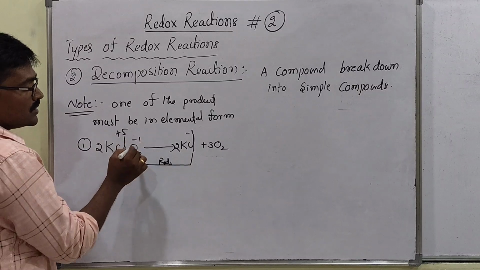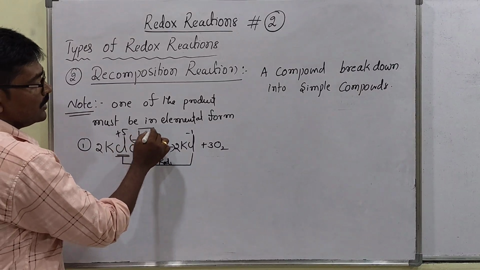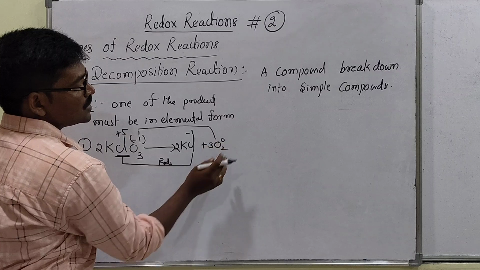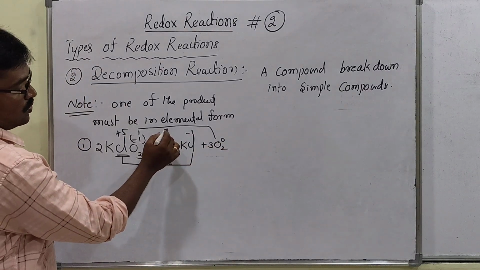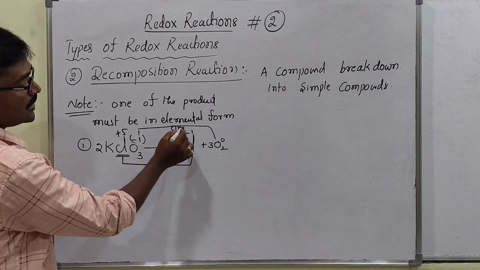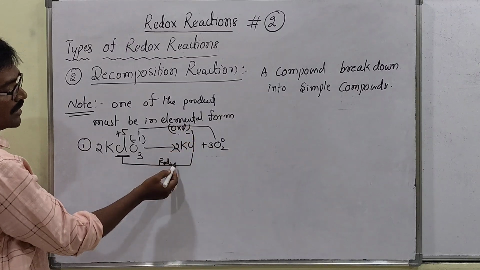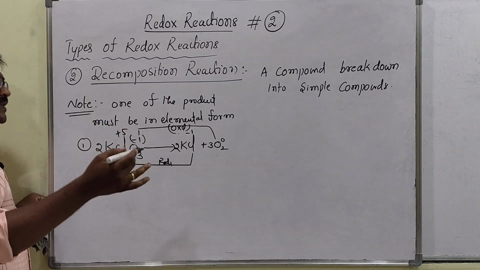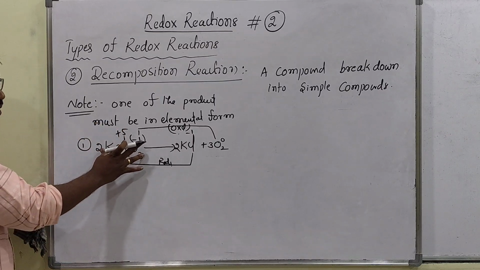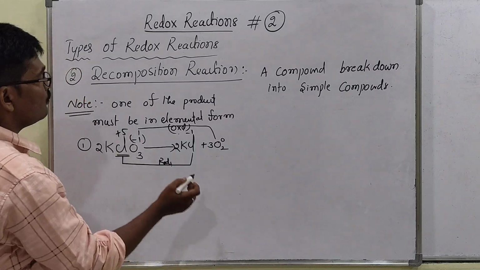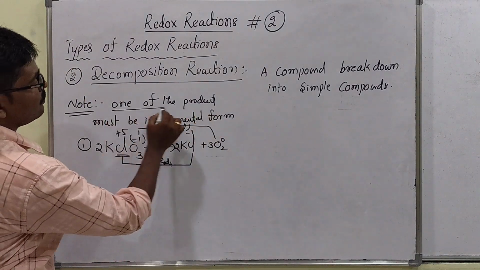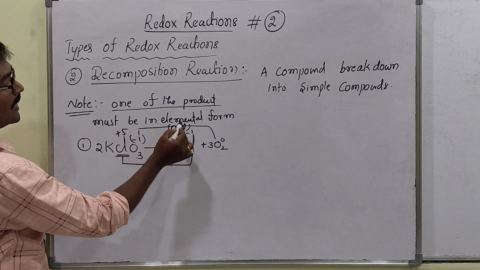Oxygen here is minus 2, and there it is 0, elemental form. So it increases, right? Oxidation takes place. Oxidation and reduction both take place. So a single compound can be decomposed into simpler compounds like this.